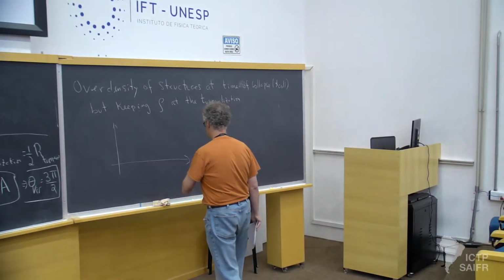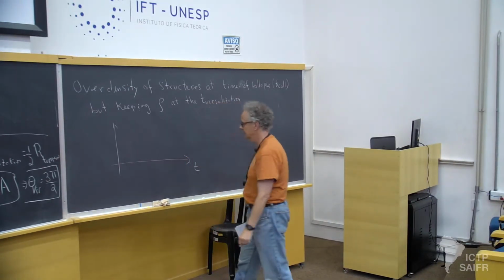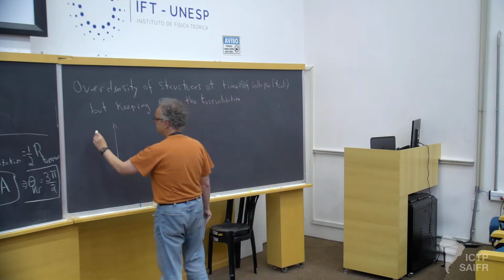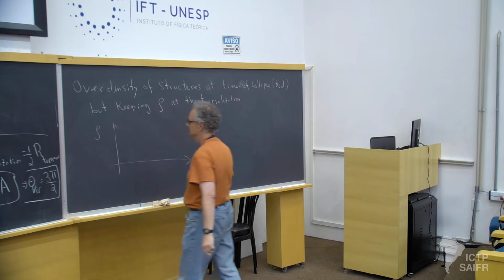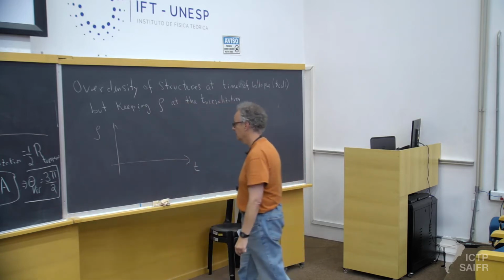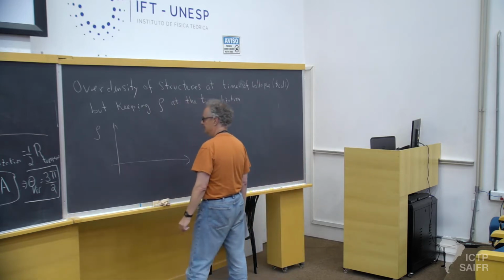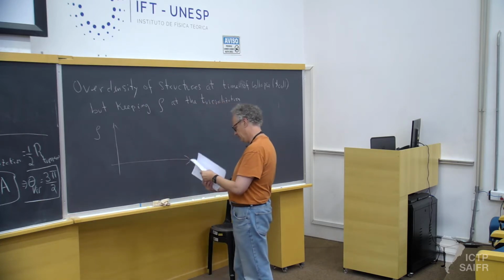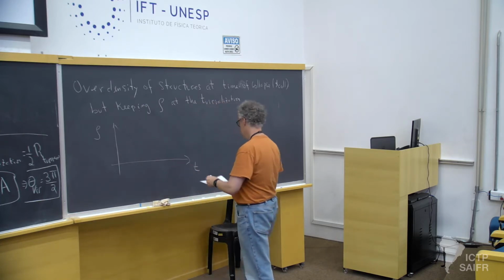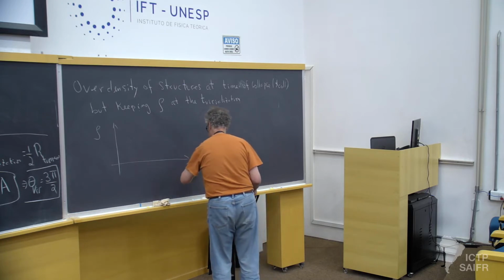So suppose here is time, okay? And you have a perturbation here, for instance. Let me call it rho, maybe, something like that. Let me do it with the scale factor, which is better.